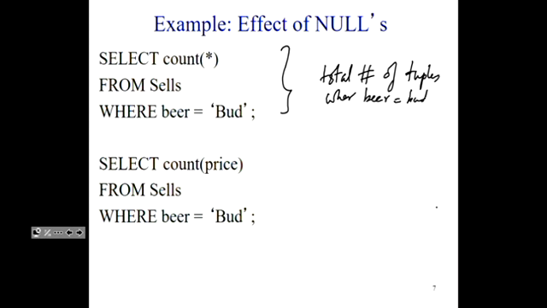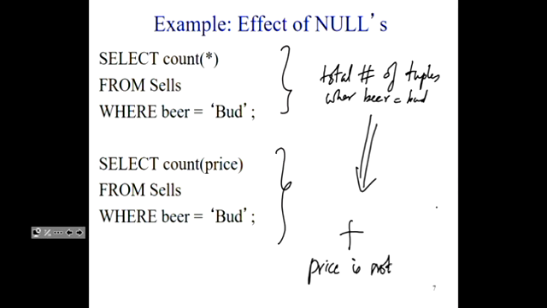On the other hand, this one is going to be the total number of tuples where beer is equal to Bud and price is not null. If price is null, it would not contribute to the count. It would only contribute to the count if price is not null. So you have to be a little careful about what you want as part of your aggregation.